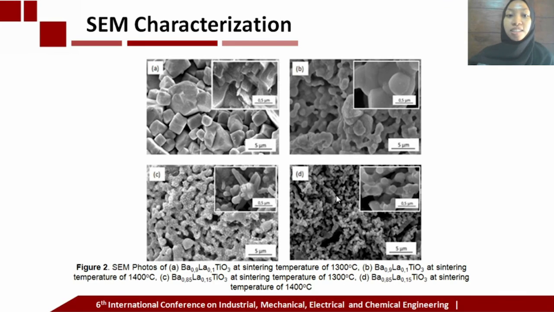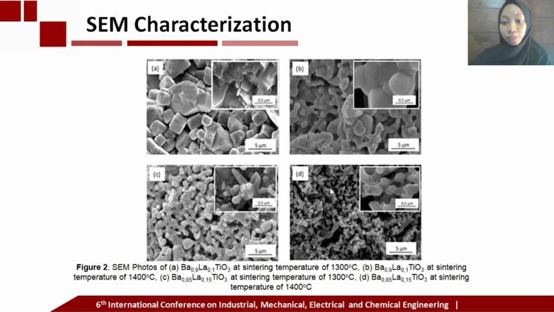And this is the result of SEM characterization. This is the SEM photo with magnification of 5,000 and 50,000 times. It shows that the more lanthanum modified into barium titanate, the more the grain size of the sample will decrease.